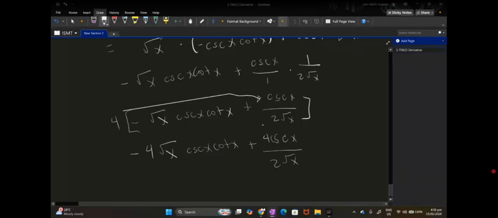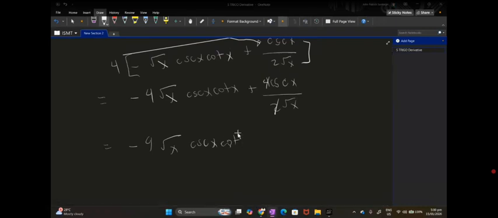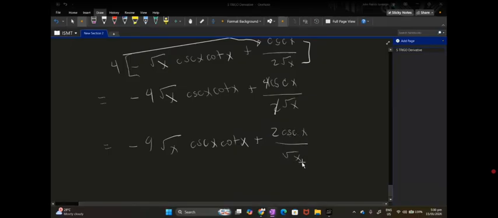Notice na yung 4, pwede natin siya mabawasan. 4 divided by 2 is 2. So, it's negative 4 square root of x, cosecant of x, cotangent of x, plus 2 cosecant of x over square root of x. So, ito na yung final answer natin.